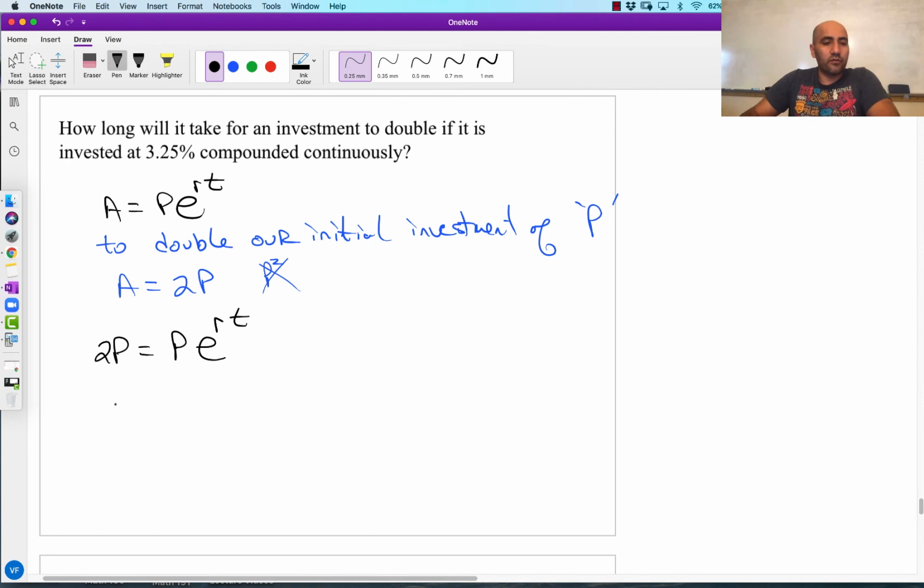This is going to be 2P equals P e to the rt, and if we divide both sides by P, these P's cancel. So then P is no longer relevant. You can just ignore it and say that the formula then becomes 2 equals e to the rt.